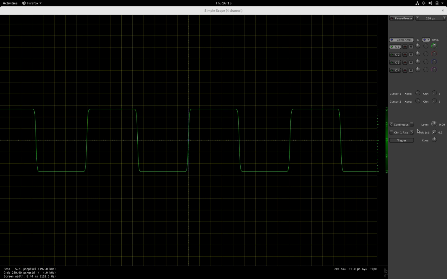And what I will now do is increase the frequency of the input signal. This will reduce the spacing between these zero crossings, so the waveform will oscillate faster.